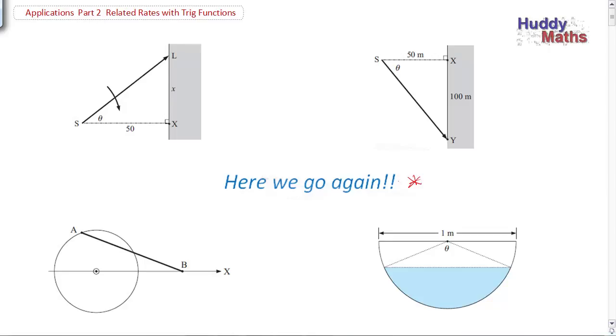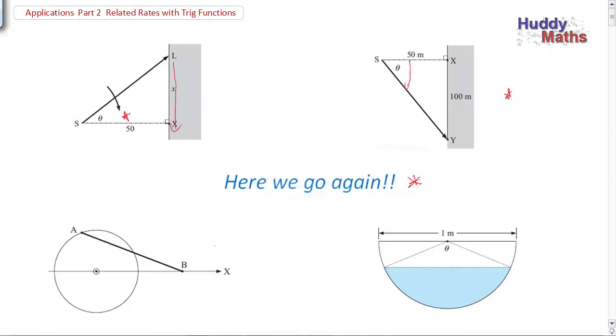Let's look around the screen. So we're going to do this one in a minute. If this is rotating here at a certain rate theta, how quickly does this go down here? It could be a searchlight coming across a wall or something like that. How fast is it moving? And over here, if again theta is changing, then how quickly is xy changing?